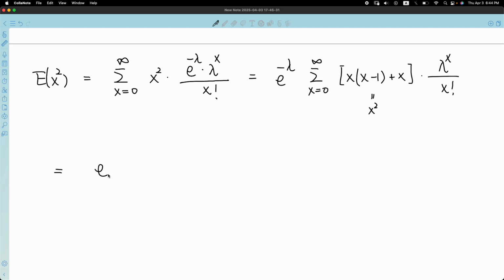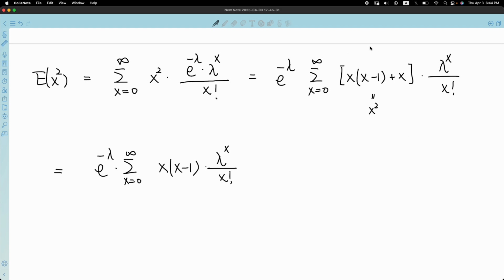So the first part, the constant, summation x multiplied by x minus 1 multiplied by lambda to the x over x factorial.